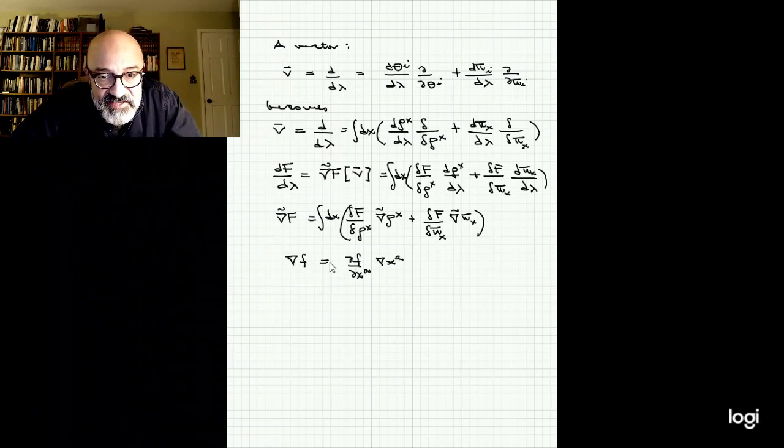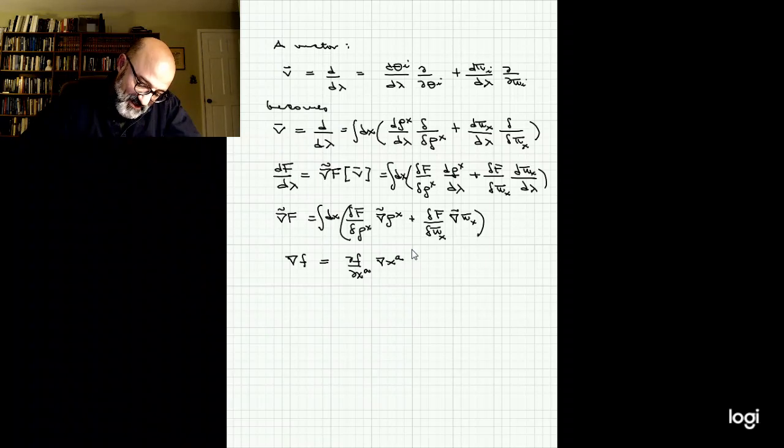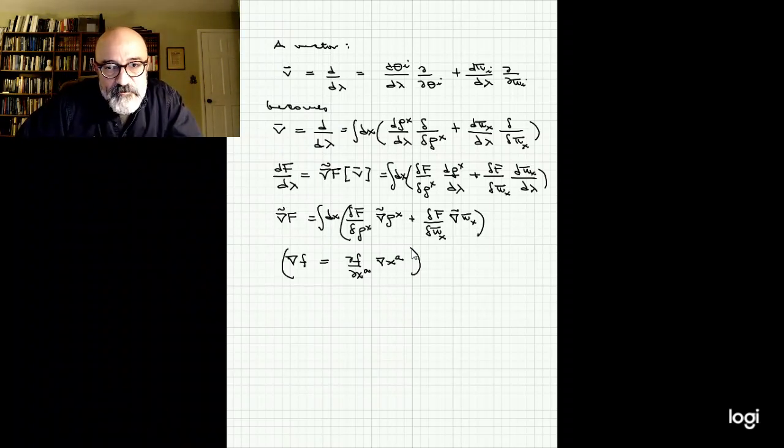So the gradient in the configuration space is something like this, no tildes. The gradient on the cotangent bundle, I put the tilde to show what are the variables that we're differentiating with respect to.